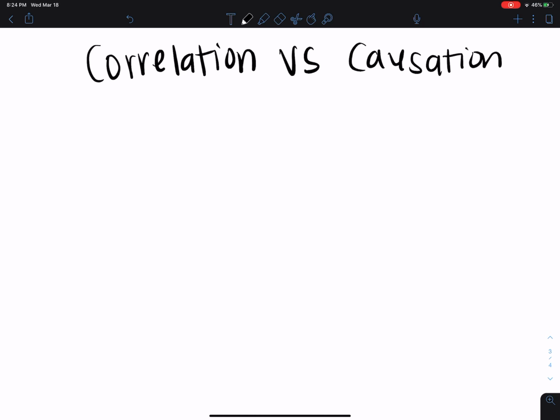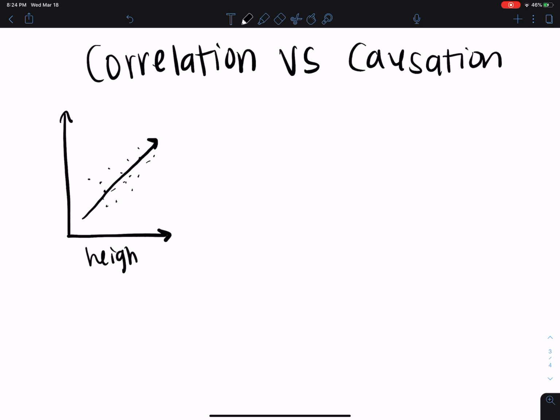So correlation, we've talked about that a bunch. That's where you have points that are by a line like this. And this could be like height and weight, where if the height increases, your weight usually increases.